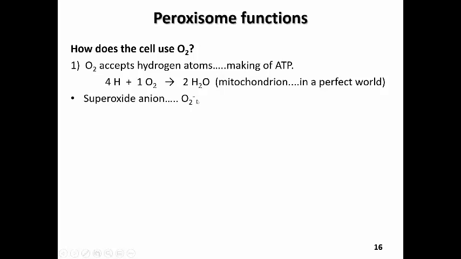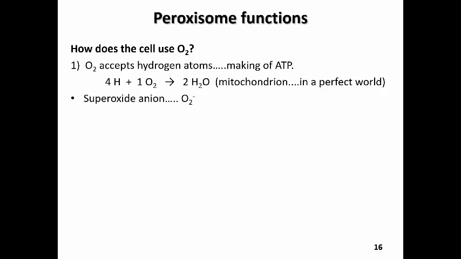When that occurs, O2 negative now takes on a unique name: the superoxide anion, and this is now a free radical. This does not carry out the same function as molecular oxygen. In fact, O2 negative is damaging to the cell.